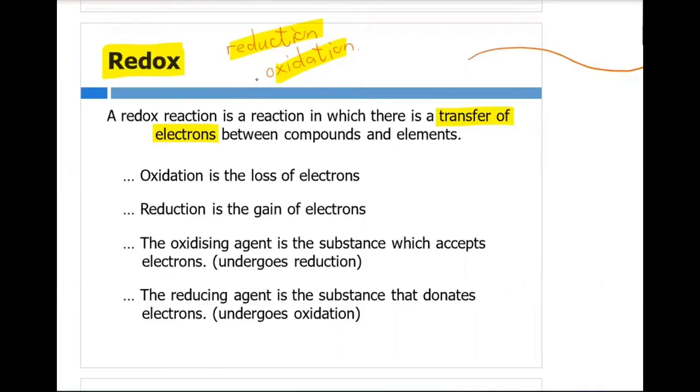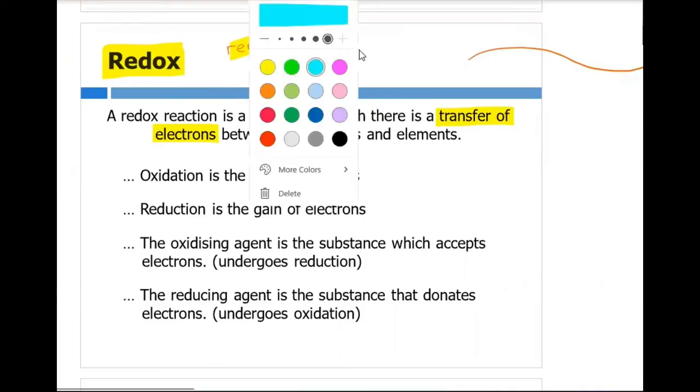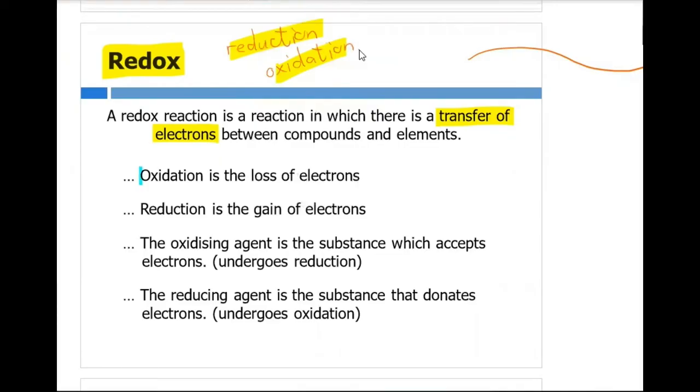All right, so oxidation, and I think this is where the studying comes in, and I know you don't want to hear it, but oxidation refers to the substance that has lost electrons. So oxidation, and you'll see today as I go and we say identify, I'll always just write OIL: oxidation is loss.